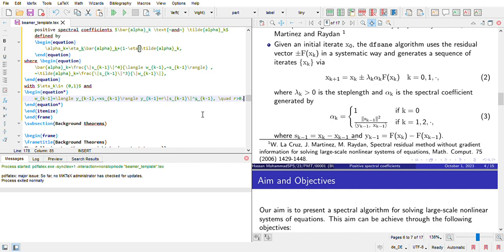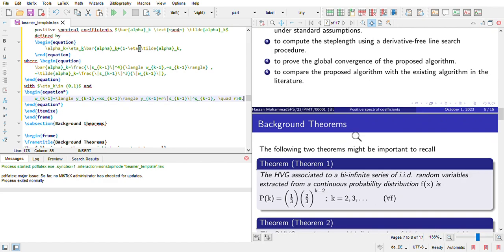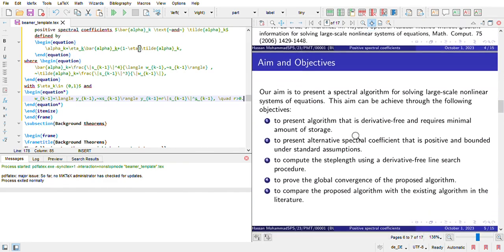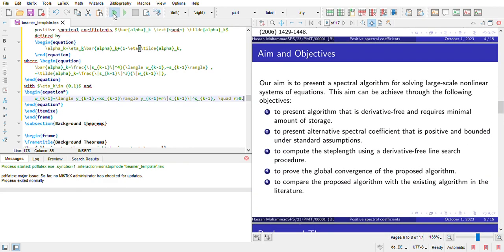So this is the slide. I don't know whether we made a mistake. Let me just compile it and see.